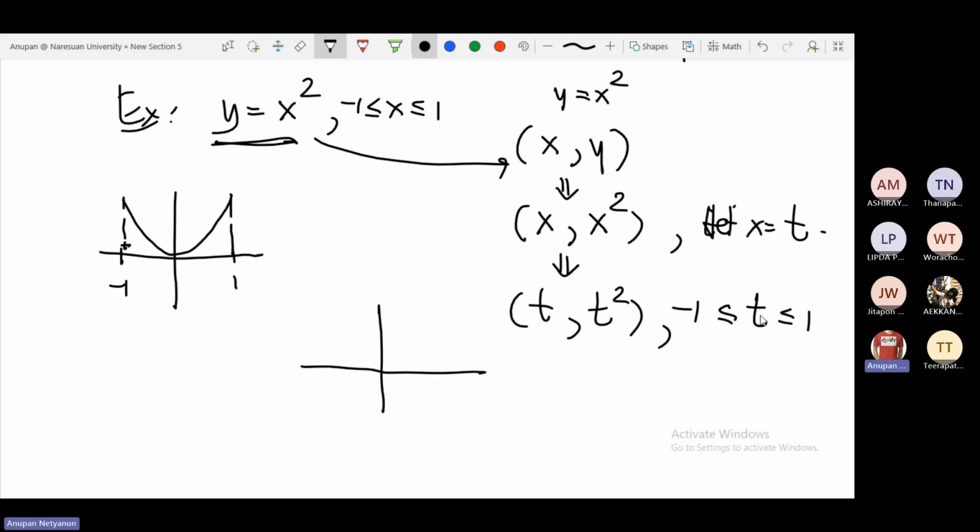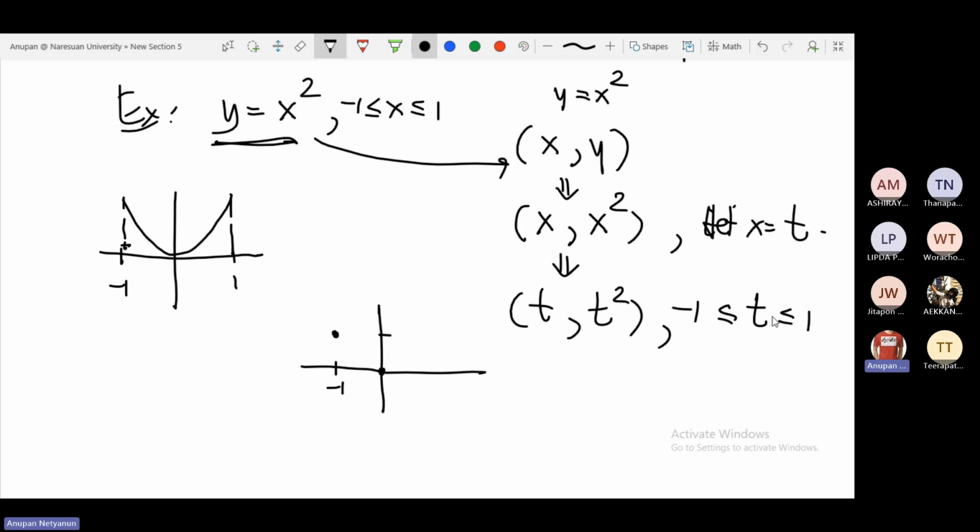Let me show you. If t equal to -1, so I have -1 here. Your x coordinate is going to be -1. And -1 squared is 1, right? Which is this point. When t equal to 0, so you have t is 0 and 0 squared is 0. So x coordinate is 0, y coordinate is 0. Okay.